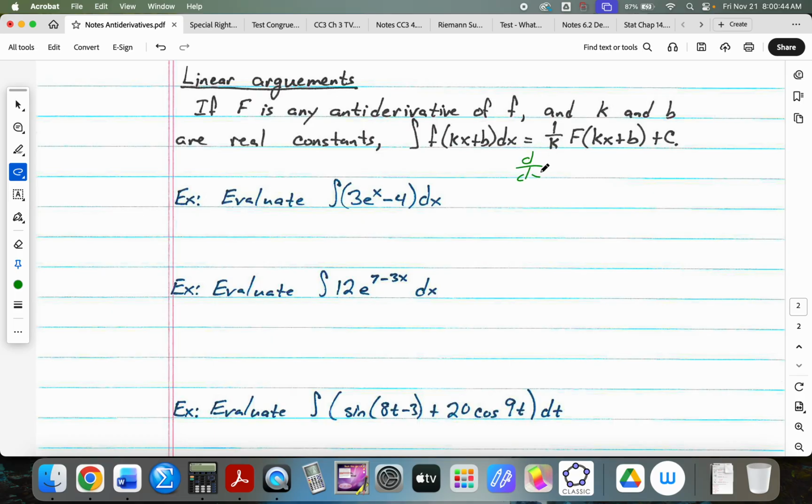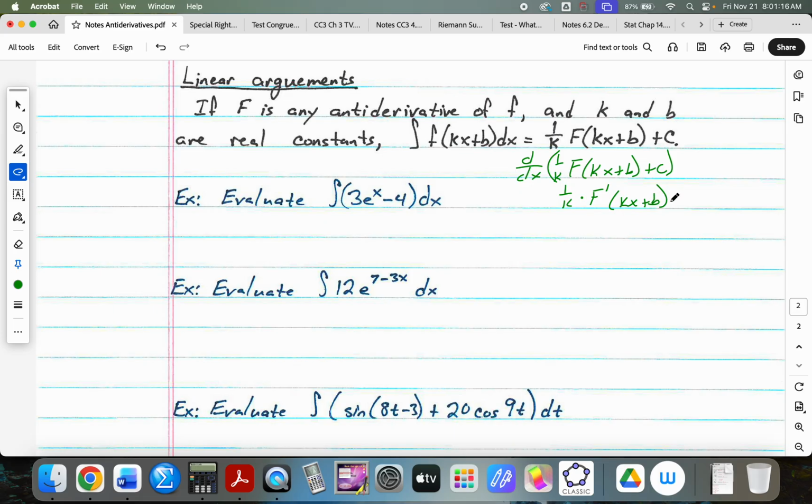So the derivative with respect to x of 1 over k times capital F of kx plus b, plus c, is equal to 1 over k times f prime of kx plus b, and then what do I have to do to take the derivative of this?